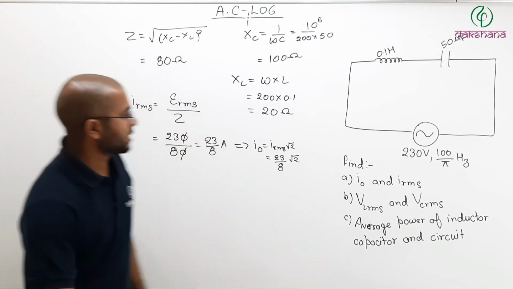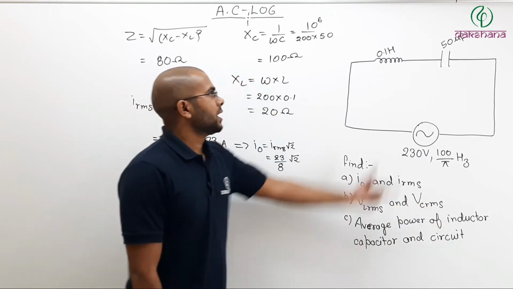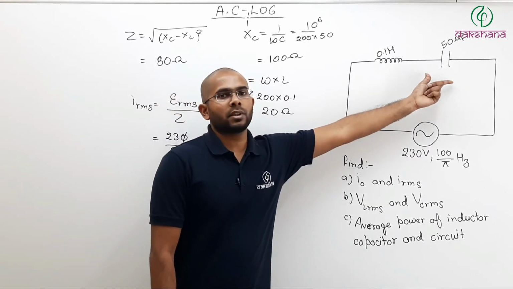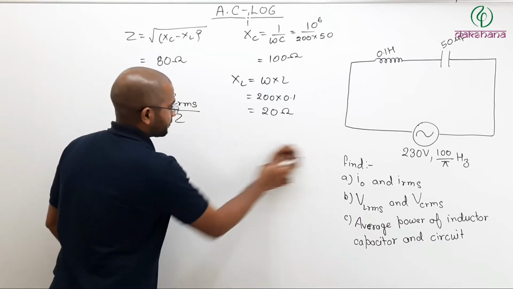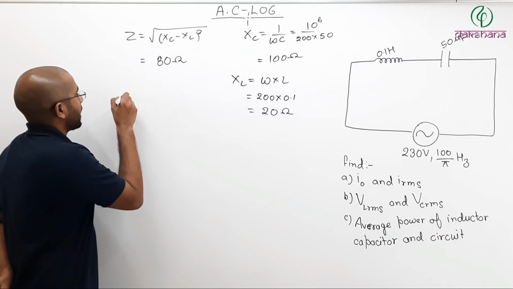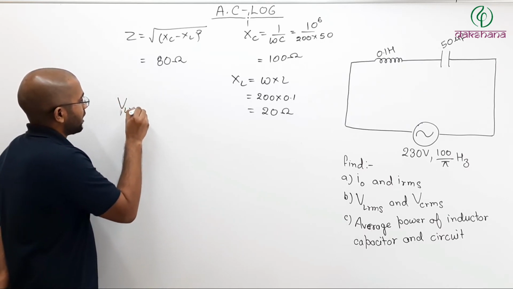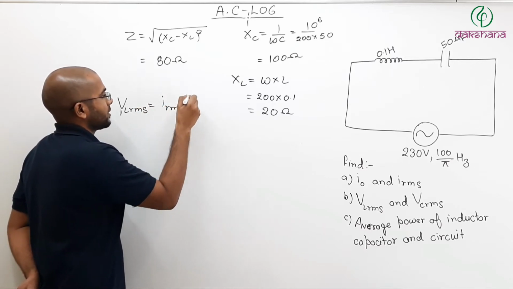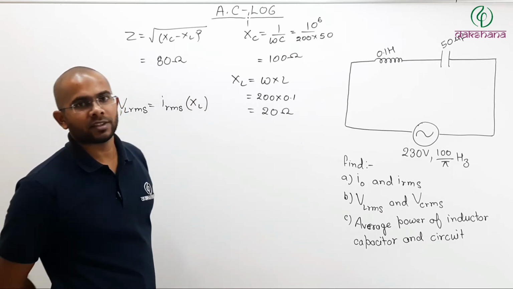Second is VLRMS and VCRMS, meaning the RMS voltage across your inductor and the RMS voltage across your capacitor. How can you do that? Here, VLRMS is nothing but IRMS times XL, which we have already studied.